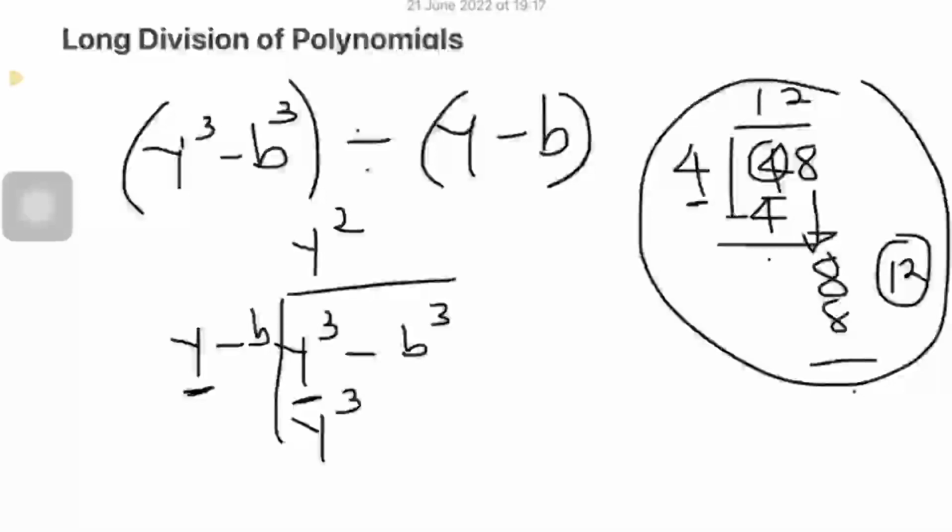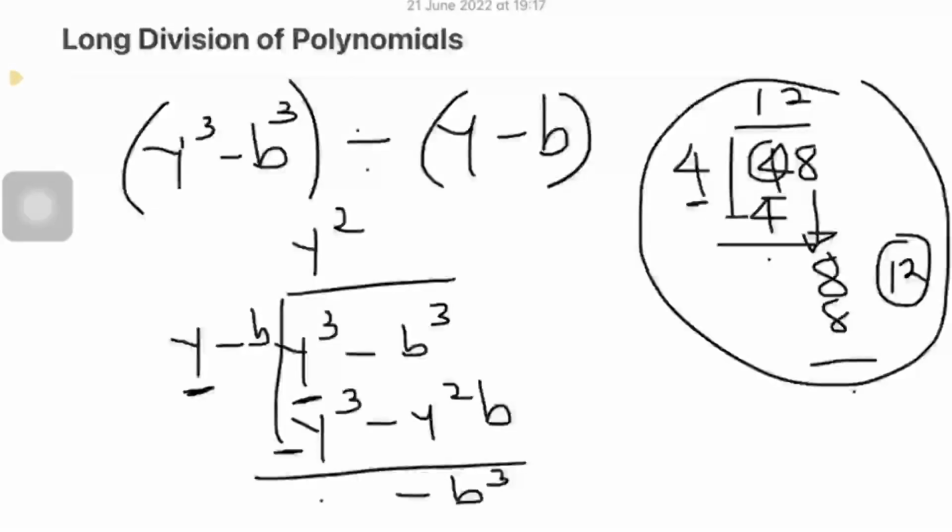And then y squared multiplied by a minus b, we get a minus y squared b. And then y cubed and y cubed, you can only subtract for us to get a 0. So that one ends, and therefore we remain with minus b cubed, and then we have this minus, so it becomes a plus.